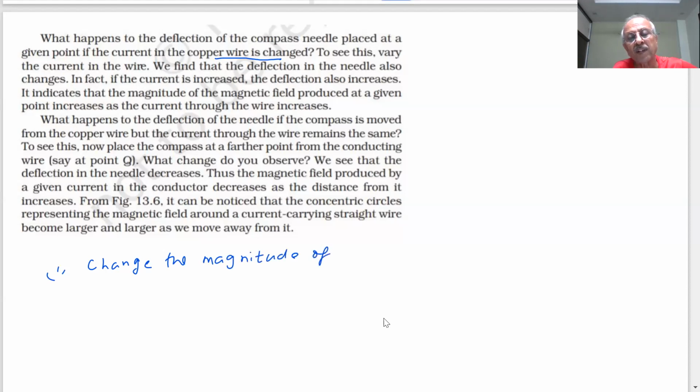First you have a small current, then you pass a larger current. What will happen? The magnitude of deflection will increase. Yes, the magnitude of deflection will increase. What does it show?